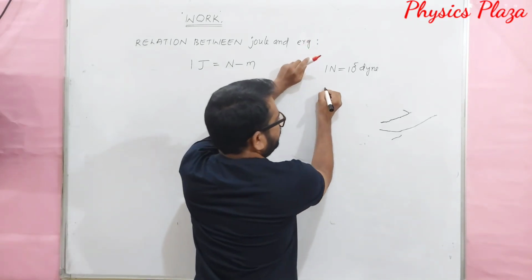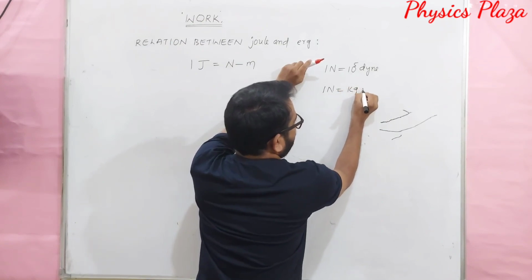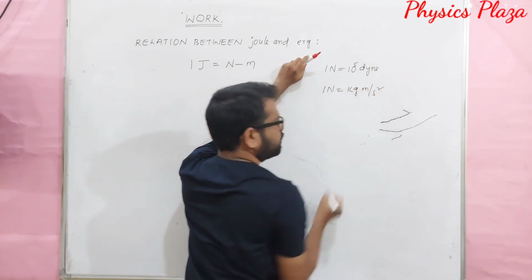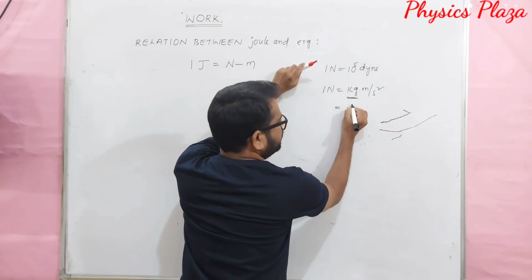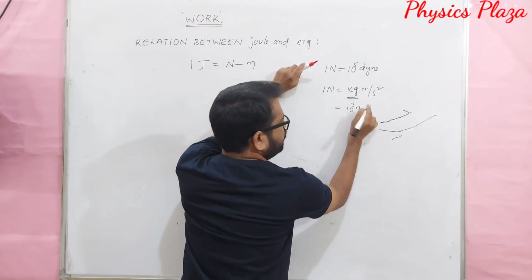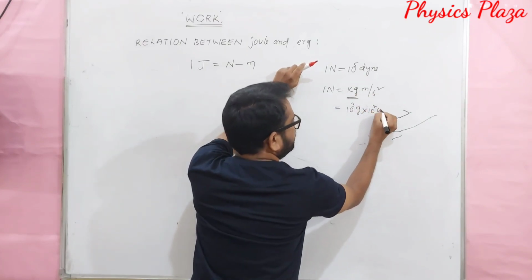Children, Newton is what actually? Kg meter per second square. We know that 1 kg is equal to 10 power 3 grams. 1 meter is equal to 10 square centimeters.